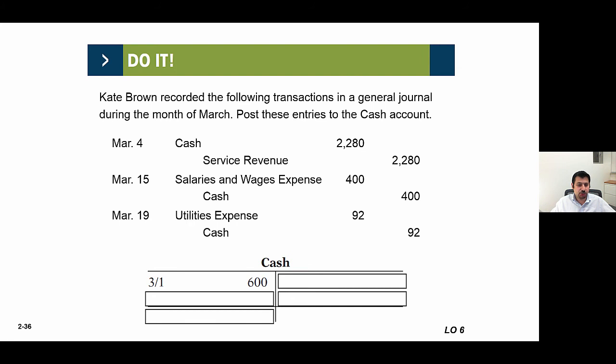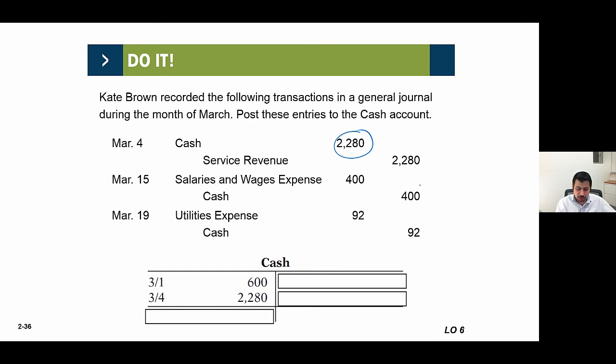In the first transaction, we need to locate the amounts that were debited to cash and the amounts that were credited to cash. In the first transaction, cash was debited 2,280. So we put it under debit. This is March 4th. We enter it as debit 2,280.